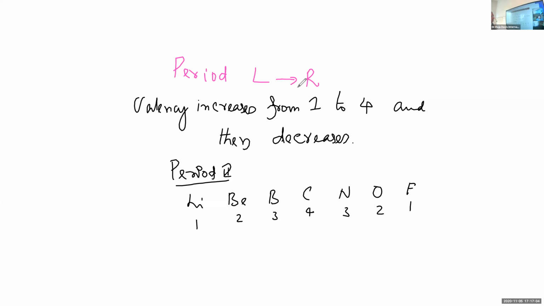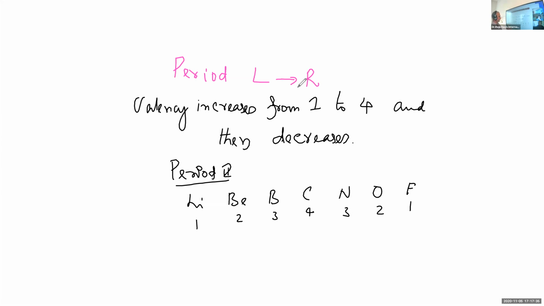See, from left to right, across a period, valency increases, reaches a maximum 4, and then it decreases. That is the trend of valency in a period. You take any period, second period I have taken as an example. You can take the third period also. There also you can see this trend.